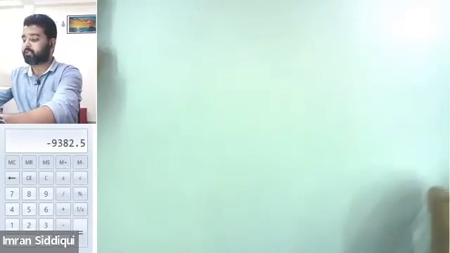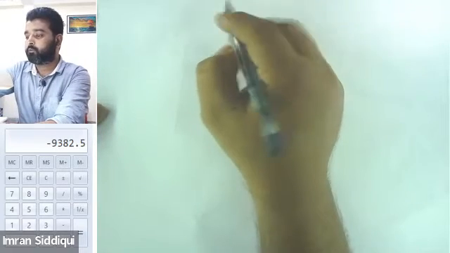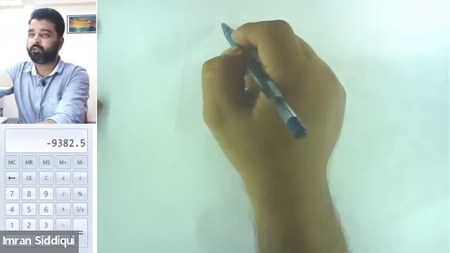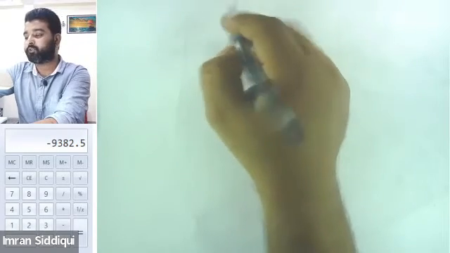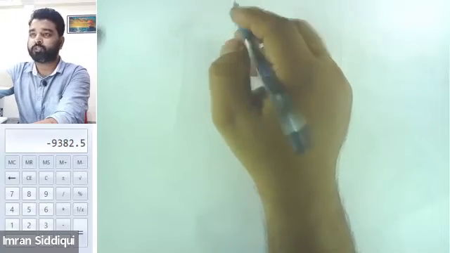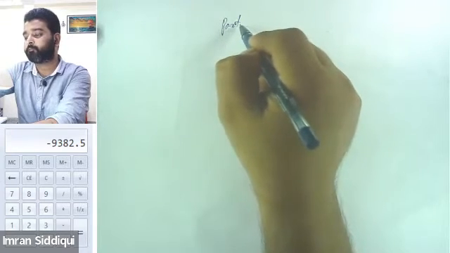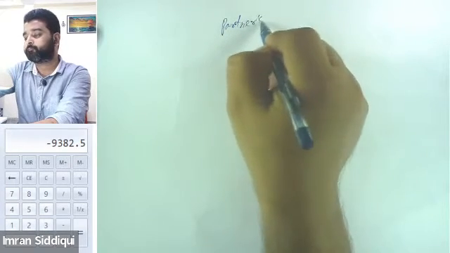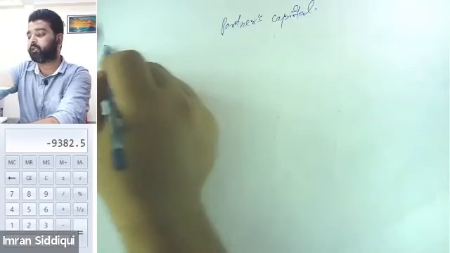Since we need to prepare the partners capital account and the current account as well, that means we are preparing the accounts as per the fixed capital method. Pay attention, everyone. Try to understand.